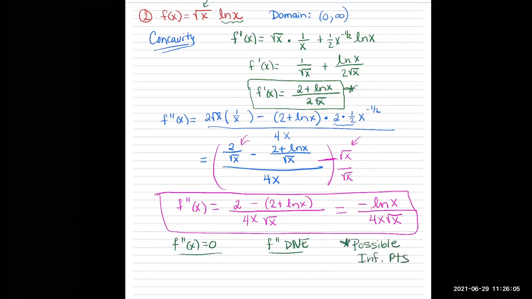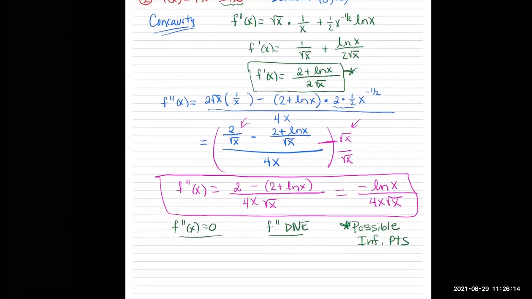But remember that we won't know if they're actually inflection points until we check to see if the concavity changes. All right, but if we set that equal to 0, it will be 0 whenever the top is 0. It will be undefined whenever the denominator is 0. Right?